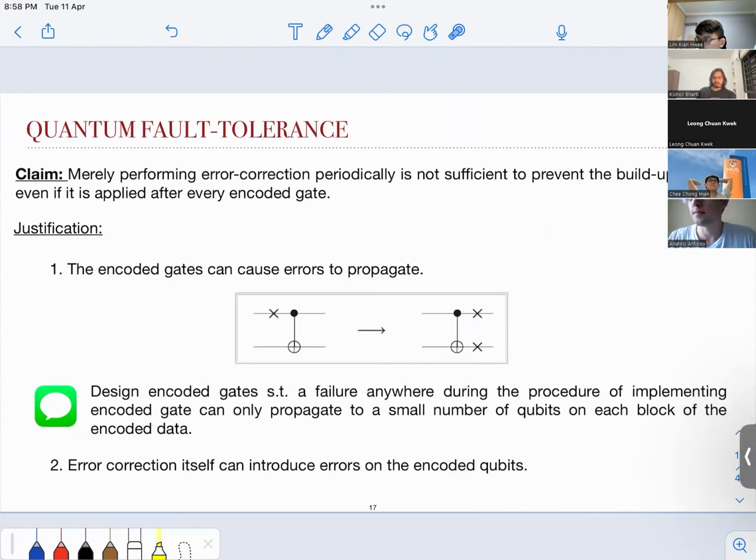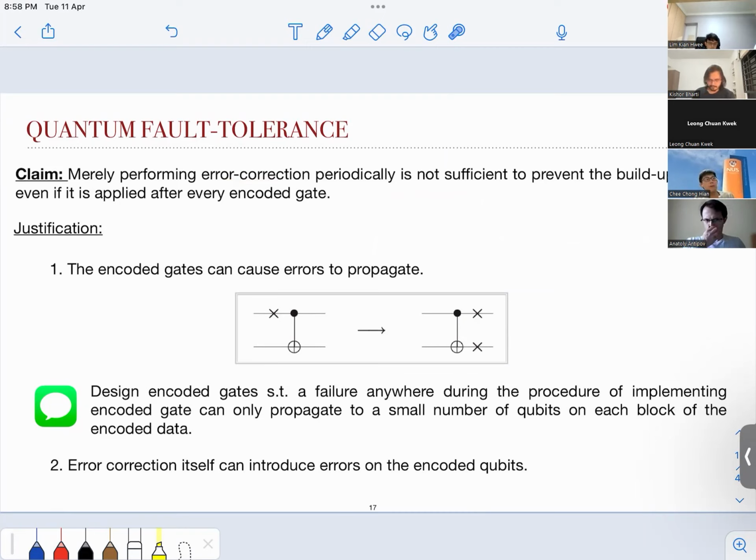On top of that, there are certain things we have to keep in mind. Just performing this kind of error correction periodically is not enough. Even if you keep performing error correction, if you do not perform it the right way, it can cause problems.